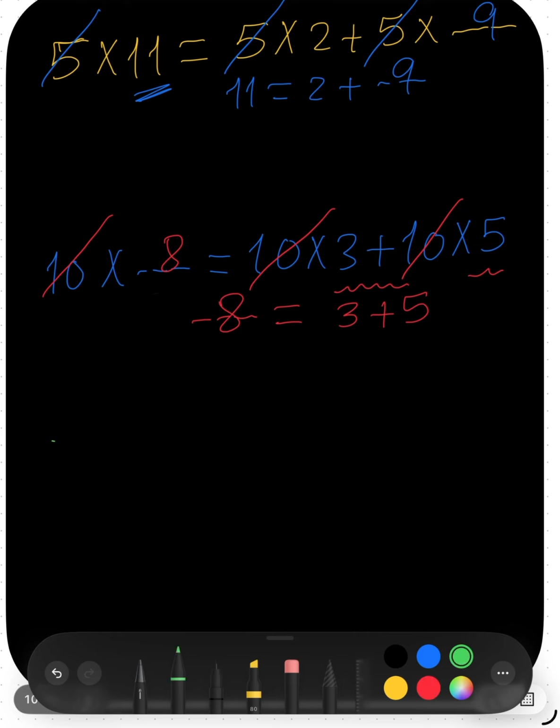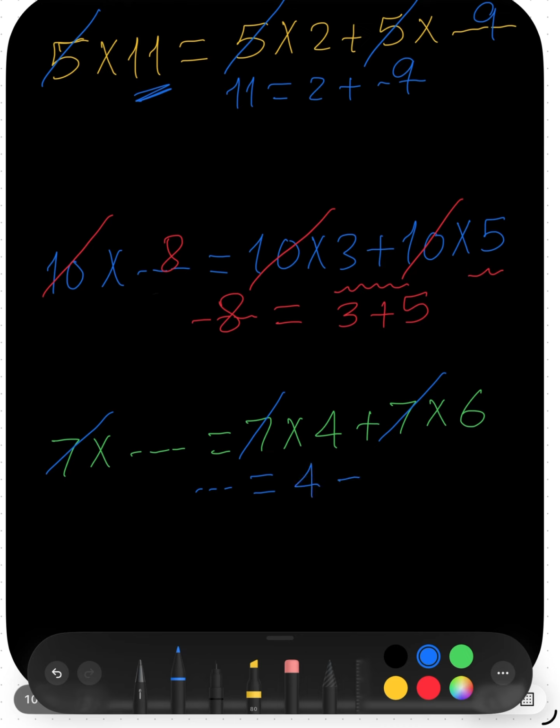Another example, if we have 7 times what equals 7 times 4 plus 7 times 6, here we cancel the common number, which is 7. Then we have 4 plus 6, which is 10. So here we write 10.